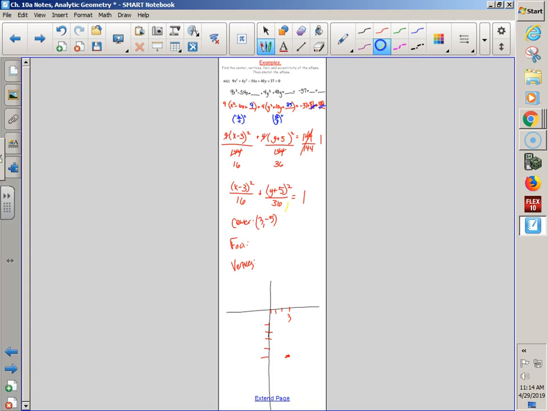The major is right here with the y term. So my major radius is going to be 6, square rooting that 36. And my minor radius is going to be 4. So horizontally, I'm going to go 1, 2, 3, 4 and 1, 2, 3, 4.